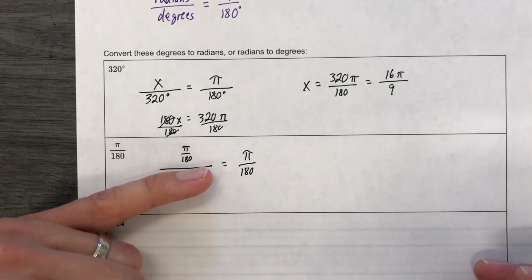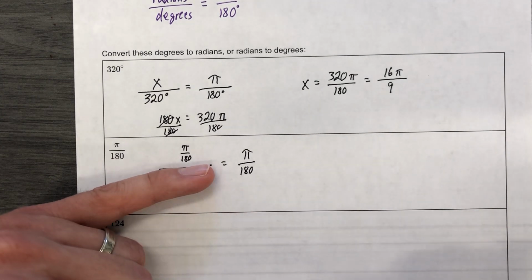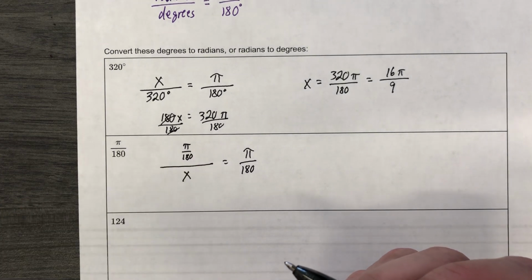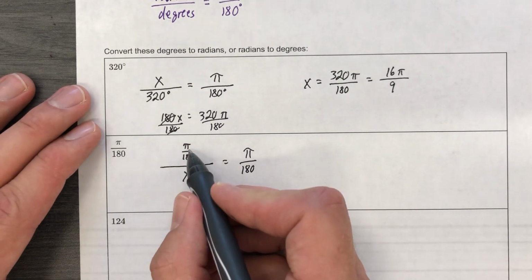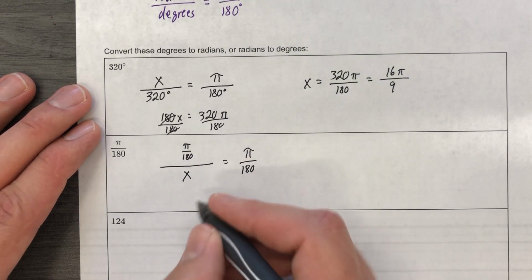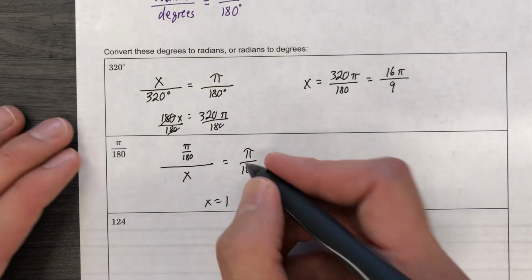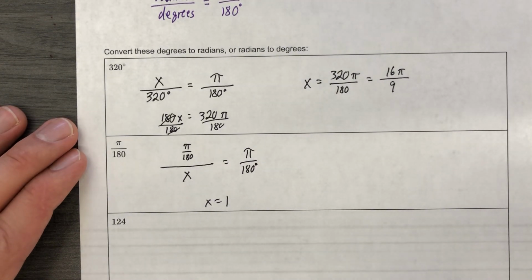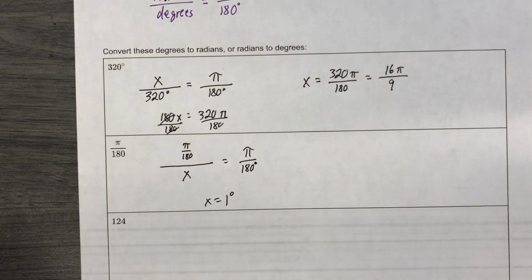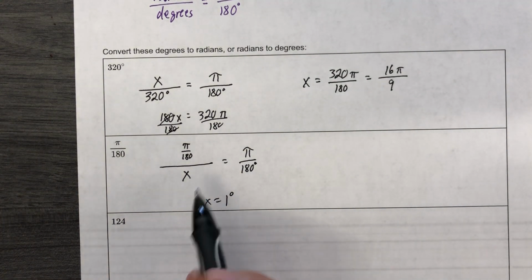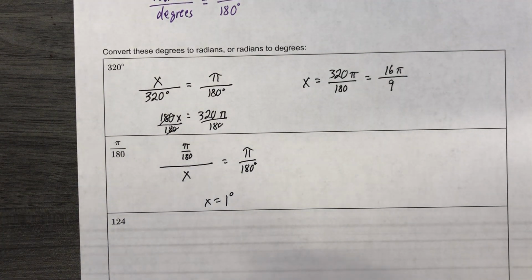So if pi over 180 equaled pi over 180, and I wanted to throw in some extra stuff, it better be some understood stuff that was already there. Pi over 180 divided by what? I would have to divide by 1. Well, this is 180 degrees, so 1 degree is pi over 180 radians.